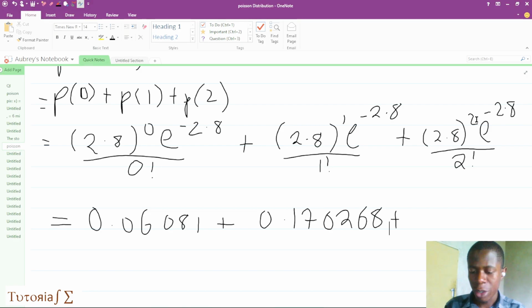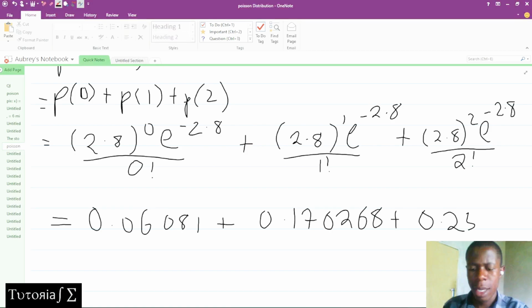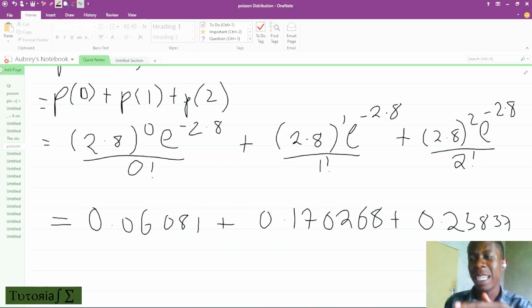Just divide by 2, which is 0.2837, and so on. Now what you do is just add all this up.